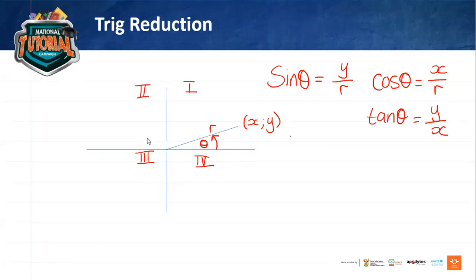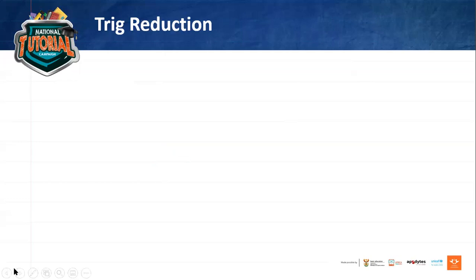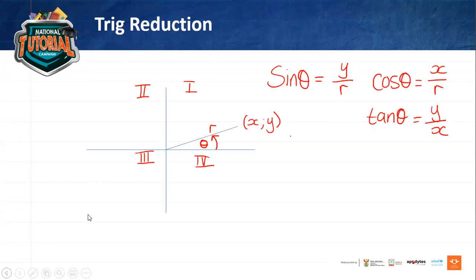If I were to reflect this line, this blue line I've called r, over the y-axis, we end up with a line that looks like this. If we're reflecting over the y-axis, my x value changes sign. I'm in the negative x quadrant, but my y value is still the same, and my r value is still the same.